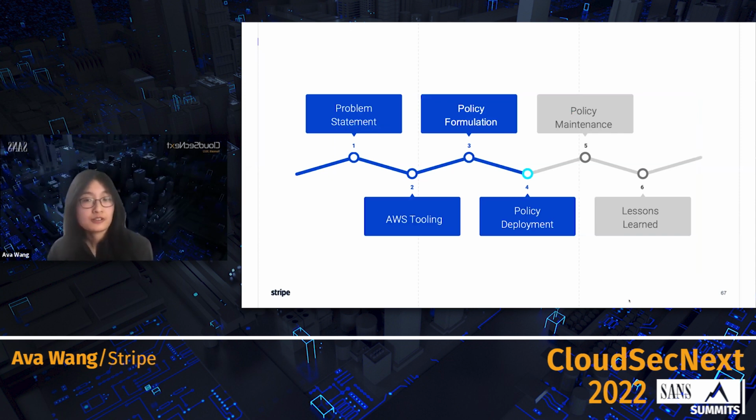So with our control policies formulated, we discussed some of the risks of deploying them and the process that we at Stripe adopted to mitigate these risks and deploy these policies safely.